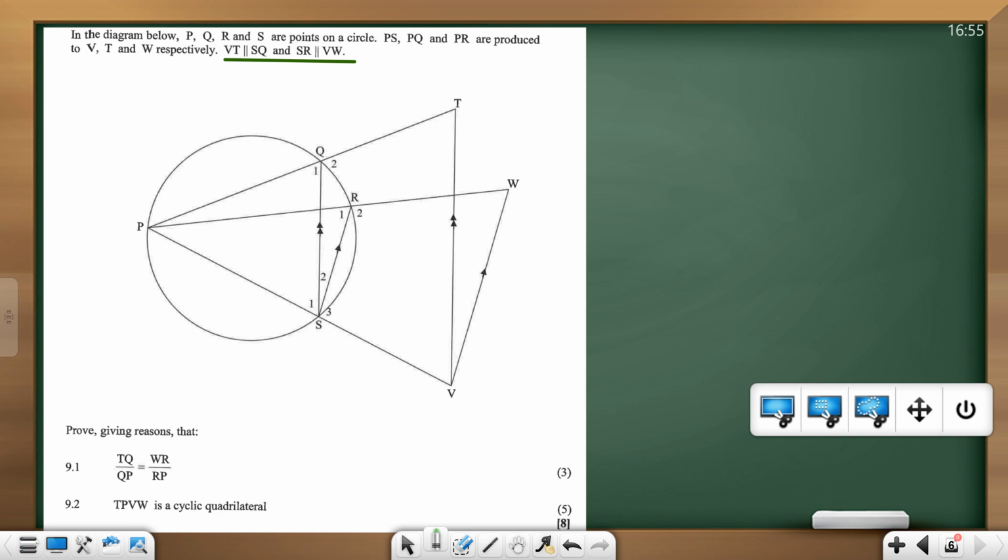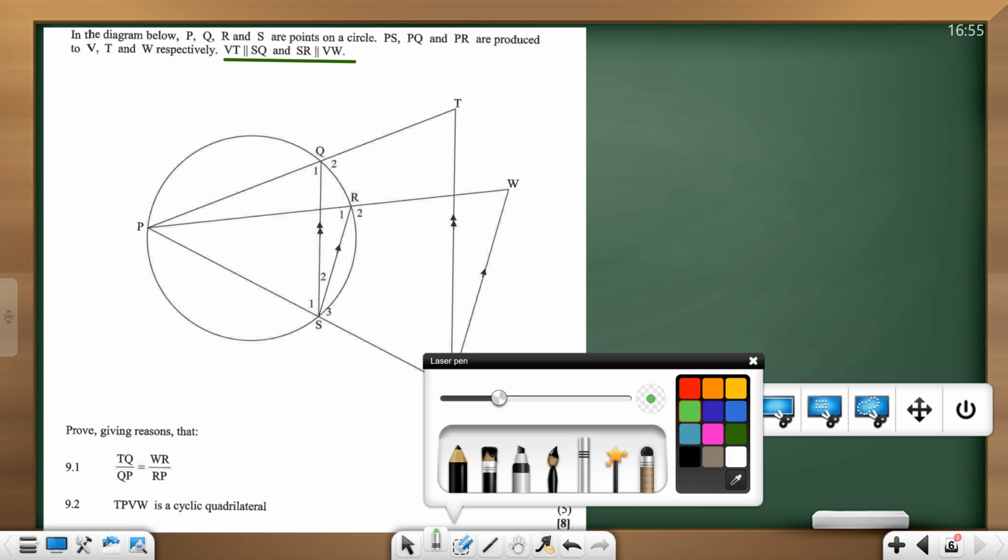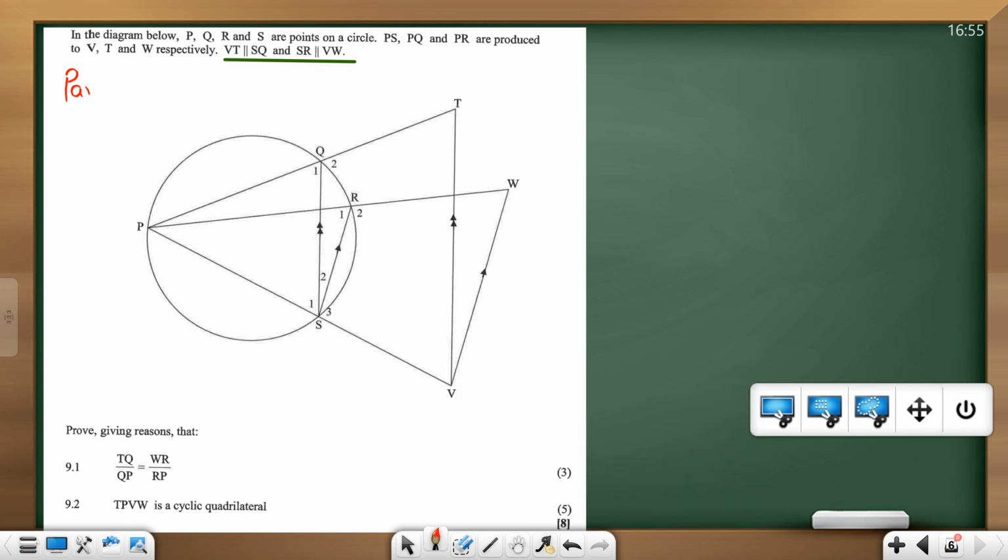Once I see parallel lines in a triangle, what comes to mind? Good. Parallel lines in a triangle. I am quickly thinking proportionality. That's the first thing I'm thinking about.